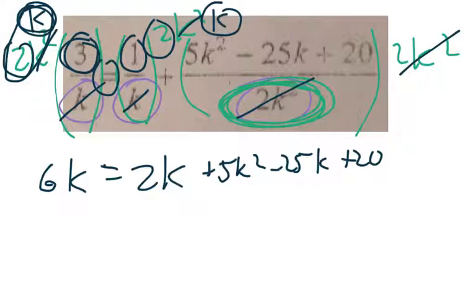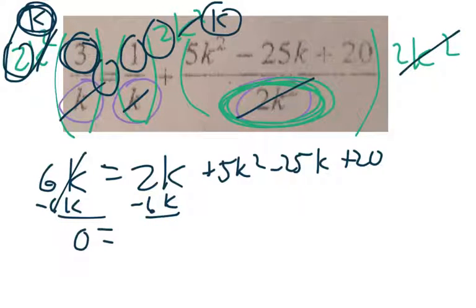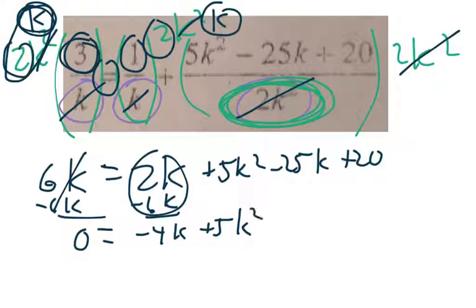Let's combine some like terms here and make it equal 0. So first thing I'm going to do is minus 6k both sides, because that way at least I have it equal to 0. So that, of course, is 0 equal to negative 4k plus 5k squared minus 25k plus 20.